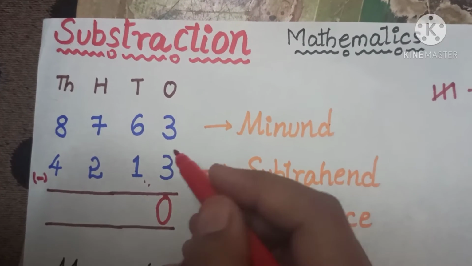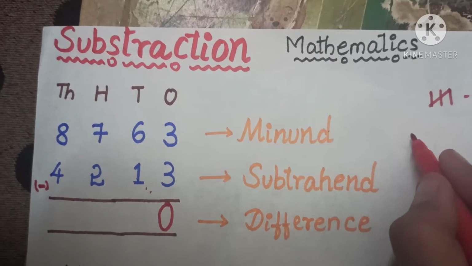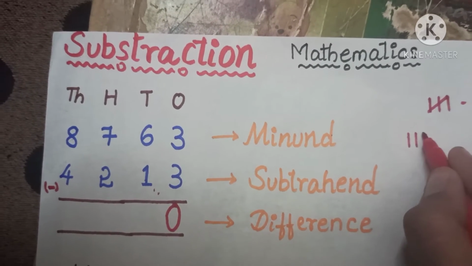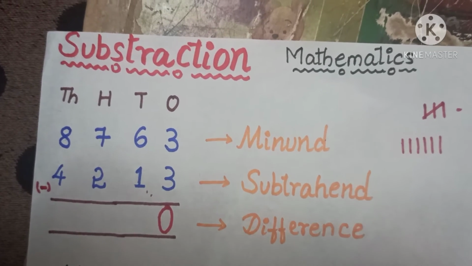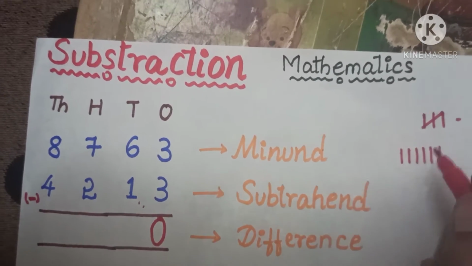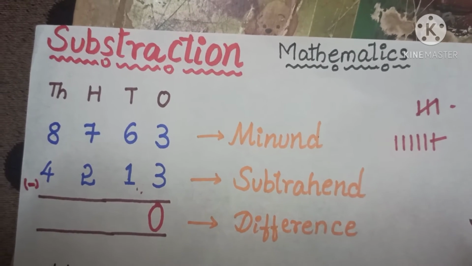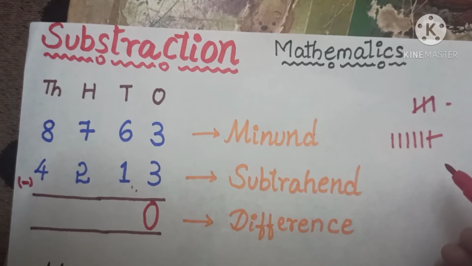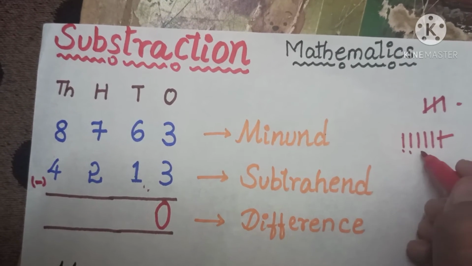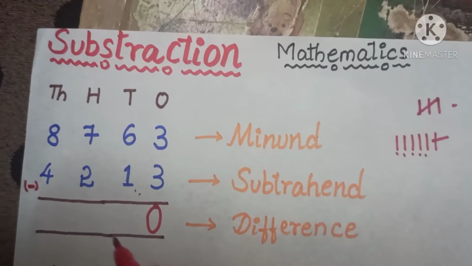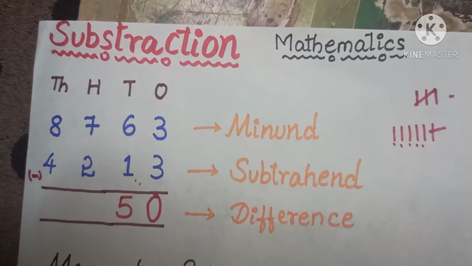The next thing is after ones we should move towards tens, where you now have 6 chocolates: 3, 4, 5 and 6. You give 1 chocolate to your friend. How many do you remain with? Yes, you remain with 1, 2, 3, 4 and 5 chocolates.